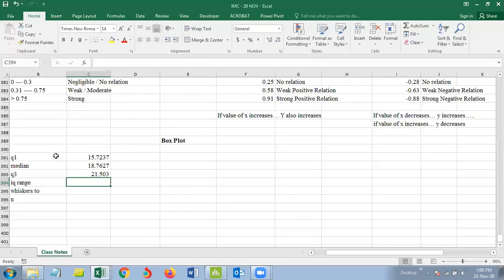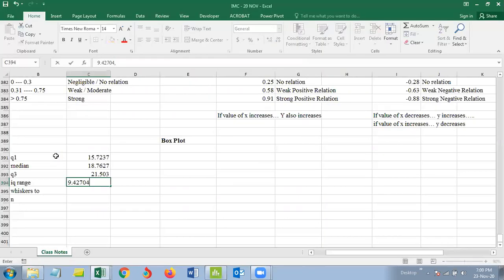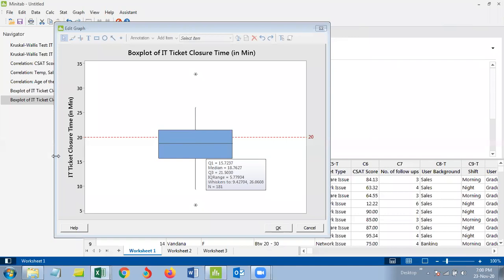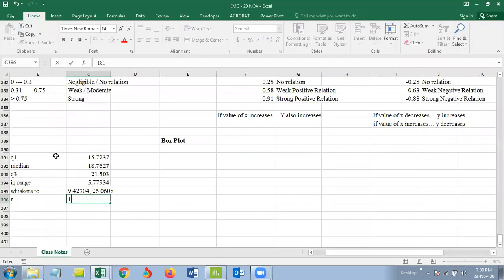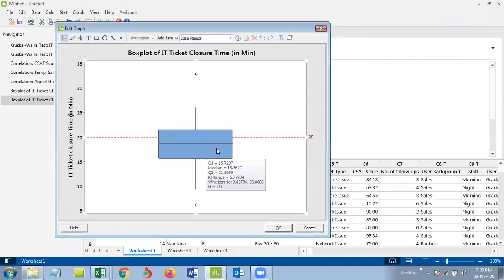It says 9.42704, comma 26.20, comma 26.0608, and that was not the one. This is 5.77934, and 181 is the N. So these are the values that I see when I look at the box plot and take my cursor here.